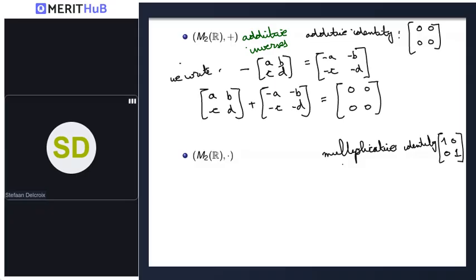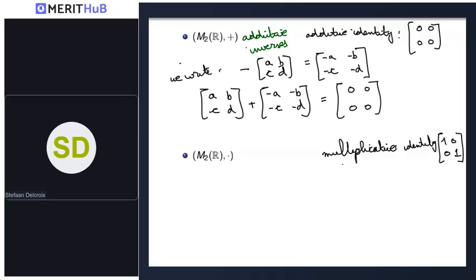Does every 2 by 2 matrix have an inverse? We saw that not every 2 by 2 matrix had an inverse.